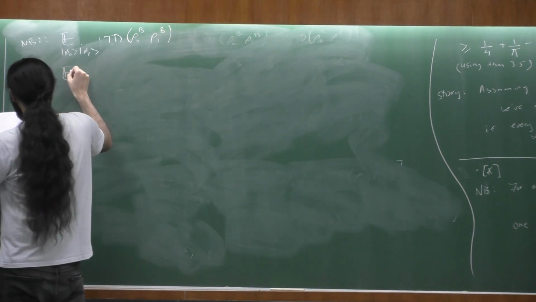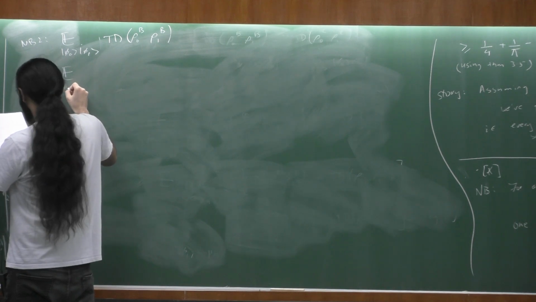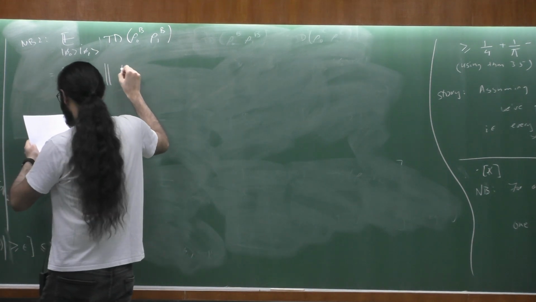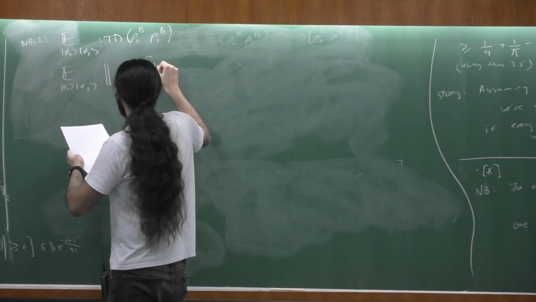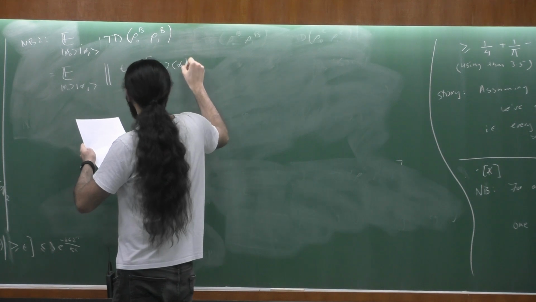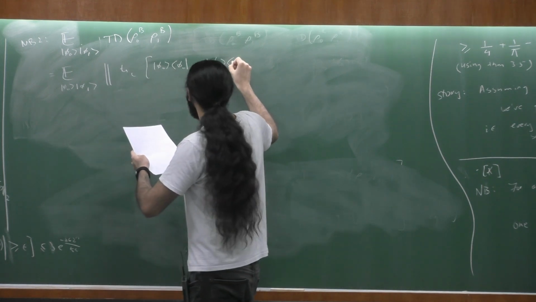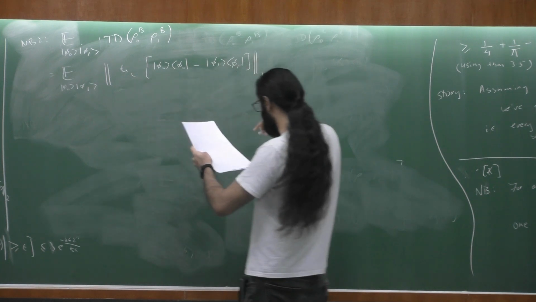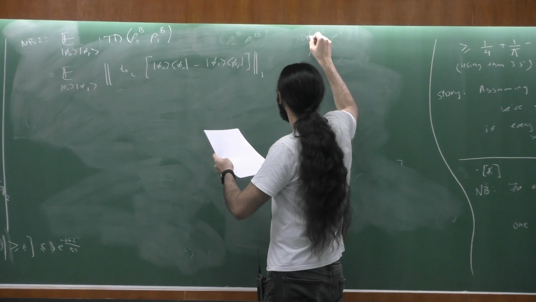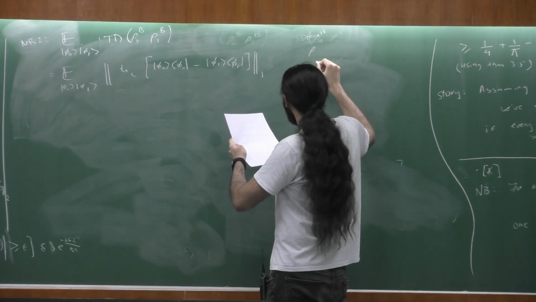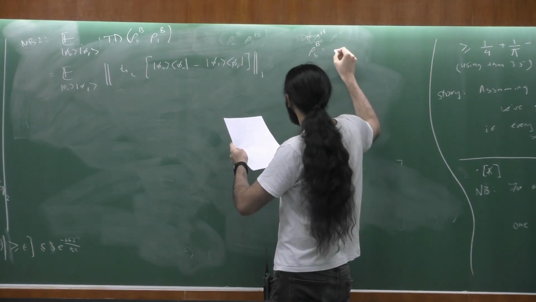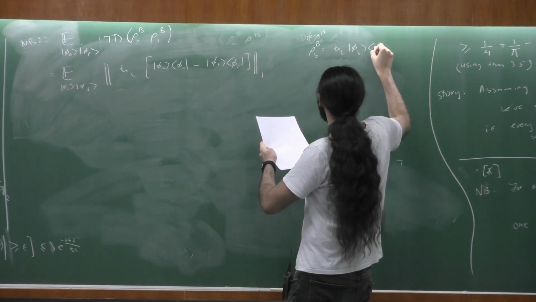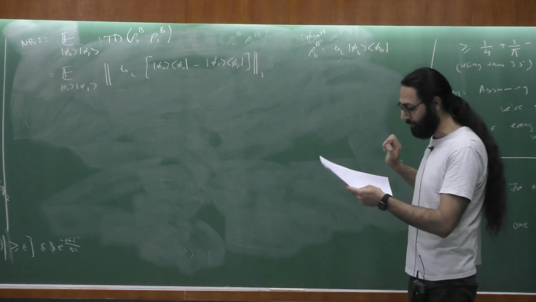It's going to be the expectation over phi 0, phi 1 of the norm of trace over C of phi 0, phi 0 minus phi 1, phi 1, right? This is just by the definition. So recall that rho sub B was just trace over C of phi B, right? That's just by definition.